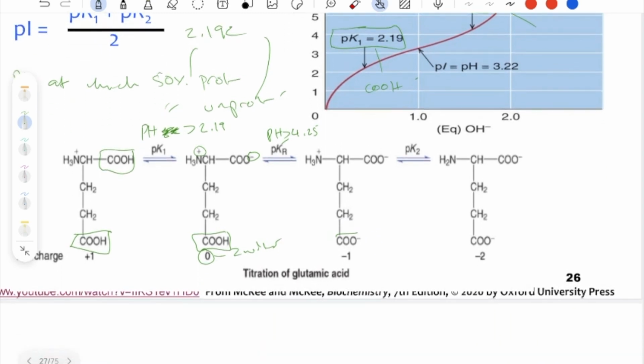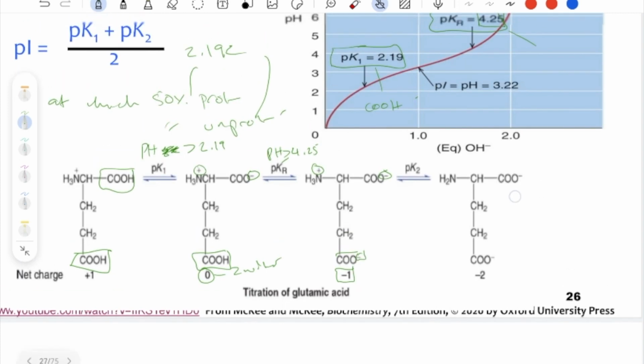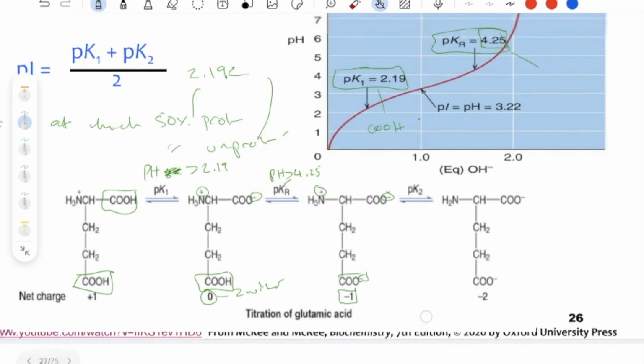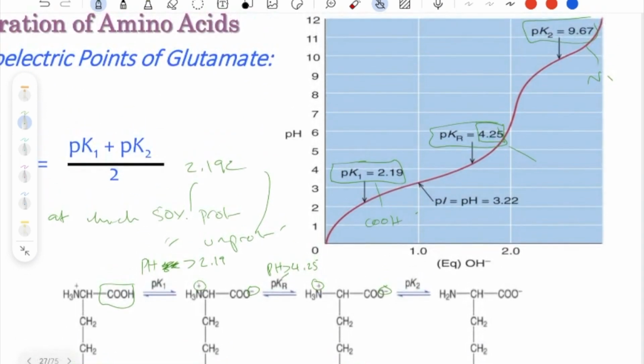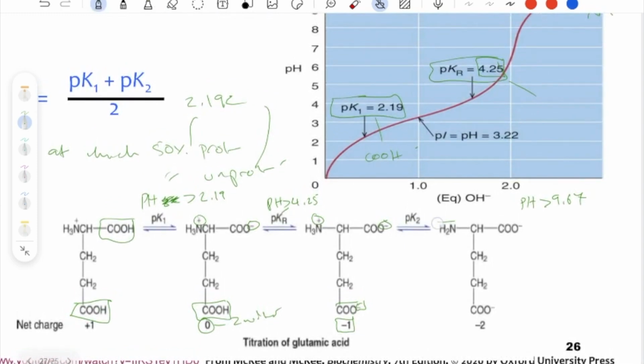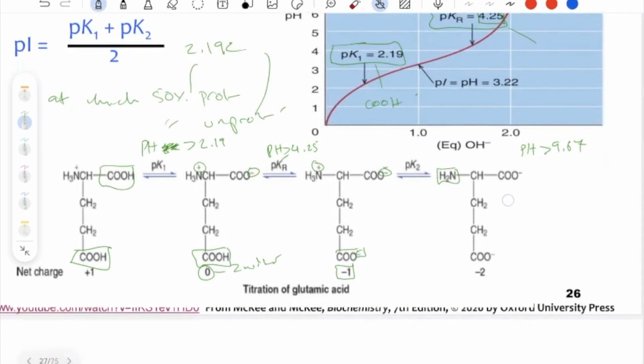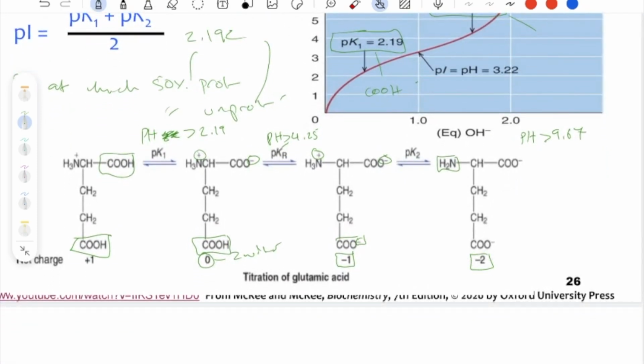So here we get a negative charge. Now we have two negative charges and a single positive charge, so overall we get a net charge of -1. Now we haven't even reached the basic conditions. Once we reach the basic conditions, in which there is a very low amount of protons, like anything greater than 9.67, the amine group is also going to lose its proton, hence having a total net charge of -2.